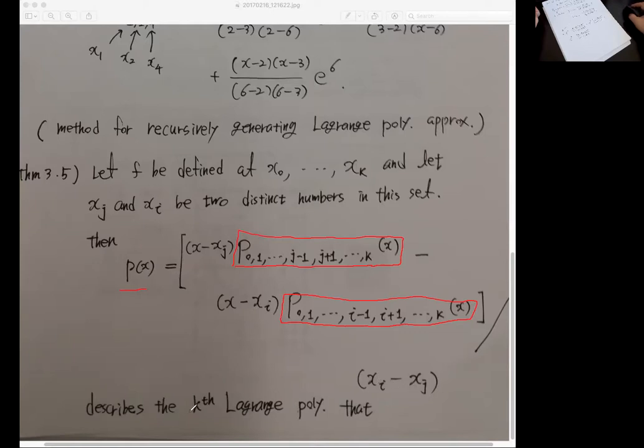That describes the kth Lagrange polynomial approximation.